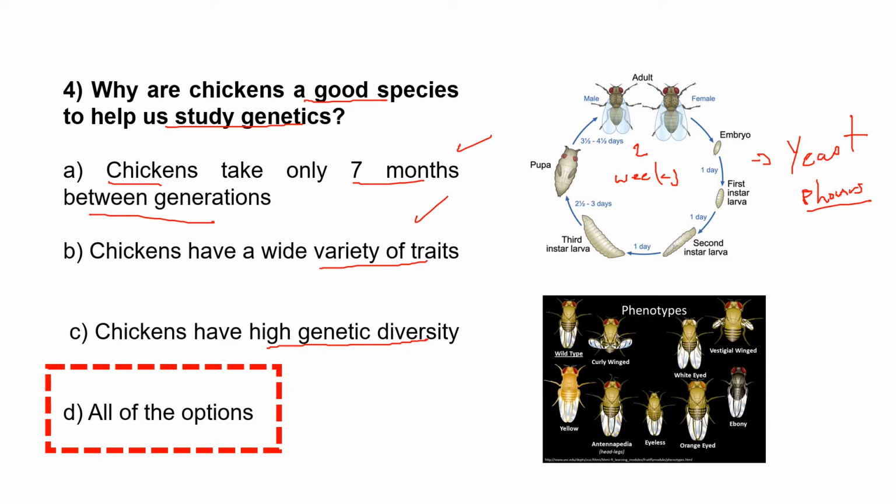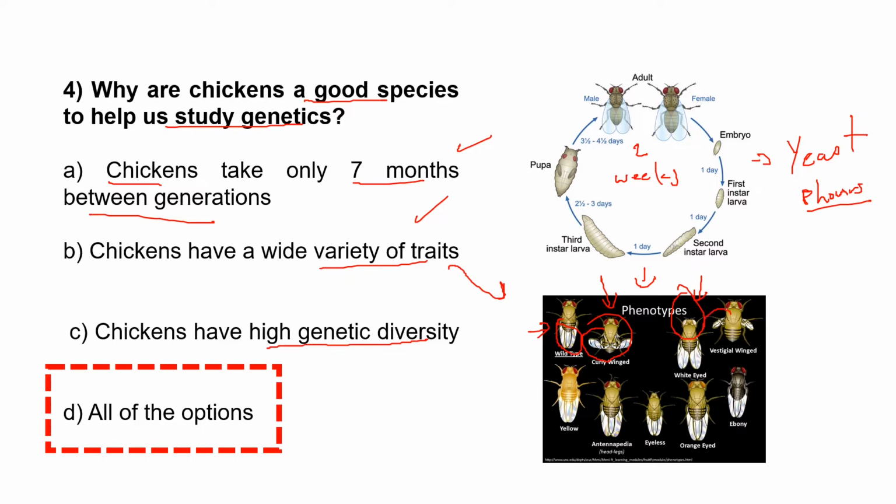Later we will study that in fruit flies we also have a variety of traits. Here, for example, you can see that while the normal flies have flat wings, we can have mutants that have curly wings. We will study how it was very important to study coloration of the eye. This is why we know that the genes are on the chromosomes.